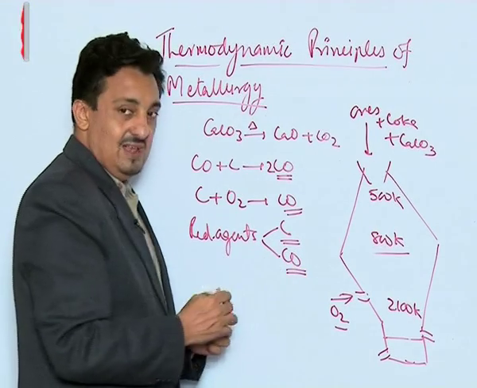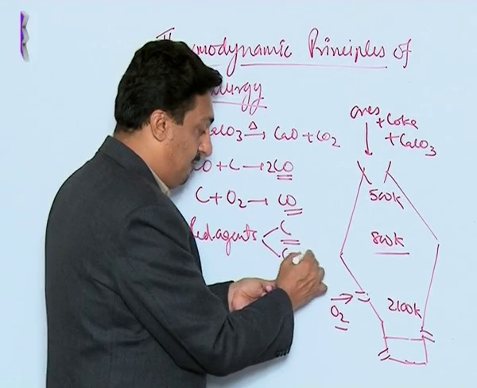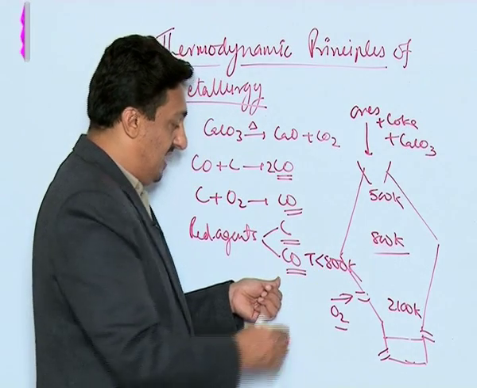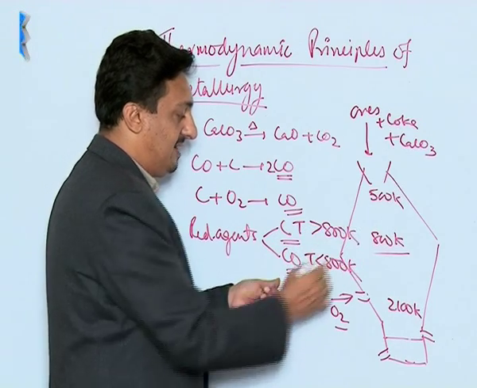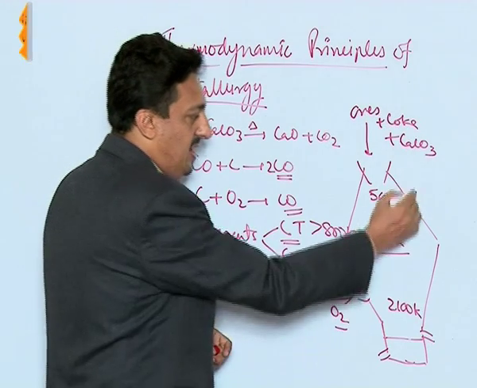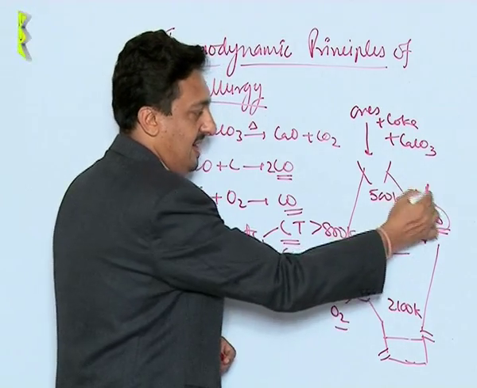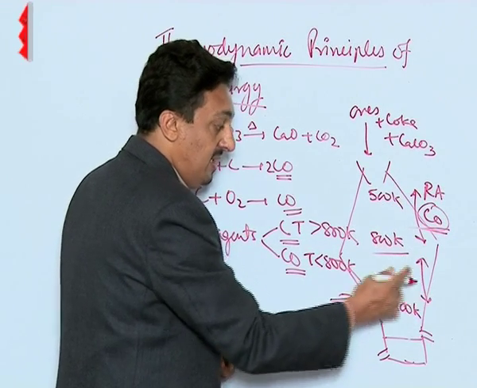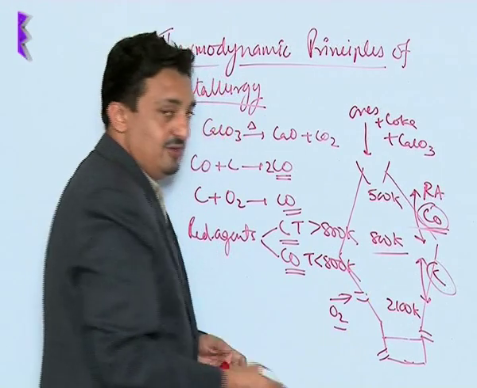Thermodynamically, carbon monoxide is a very good reducing agent when the temperature is below 800 Kelvin, whereas coke is a very good reducing agent above 800 Kelvin. So in the upper half of the blast furnace it is carbon monoxide which acts as the reducing agent, whereas in the lower half, where the temperature is above 800 Kelvin, it is the coke.